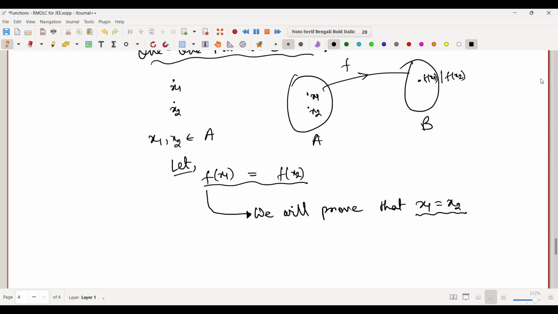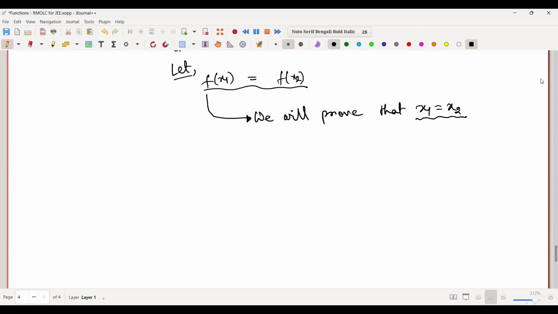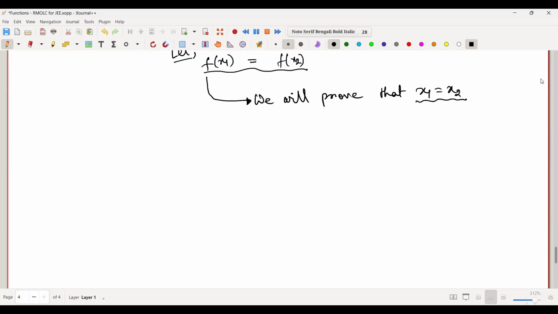Okay, and this is one way, and another way is: let x1, x2 belong to A and x1 not equal to x2. That means these x1, x2 are two different elements of the domain.